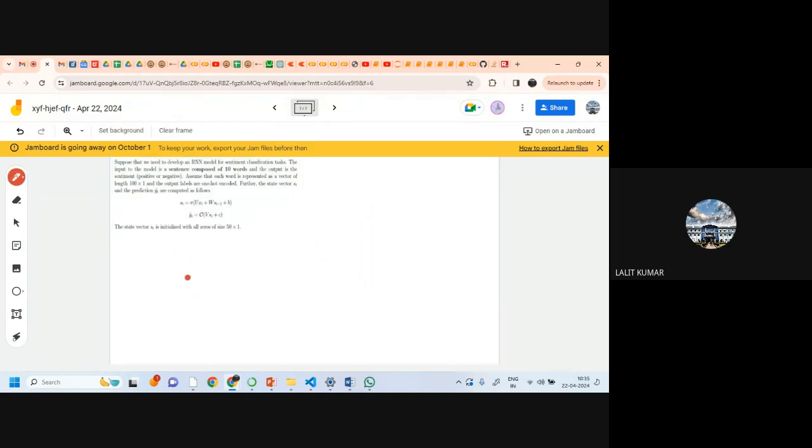So what do we do? We make an RNN. We know how an RNN looks like. The input of the model is a sentence composed of 10 words. So this will be the 10 words, and this is the last layer. And here is the S0 which we feed, which he has given.